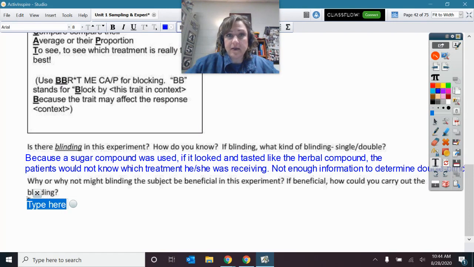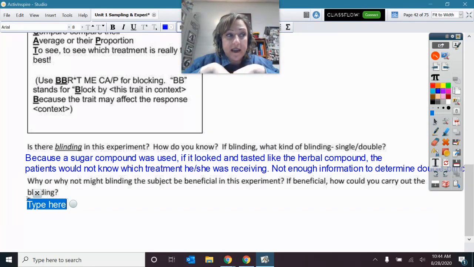Well, who's telling us that? Okay, the patients themselves are telling us that. And patients have different pain tolerance levels. So the patients themselves are going to have a subjective response to how they feel.